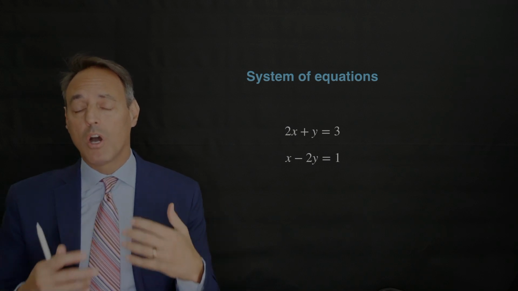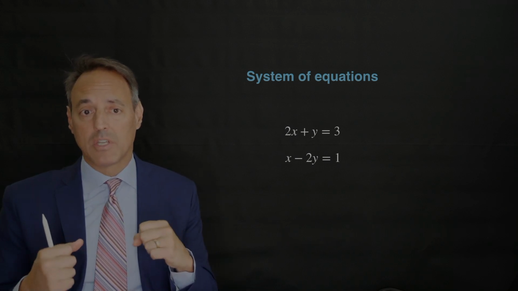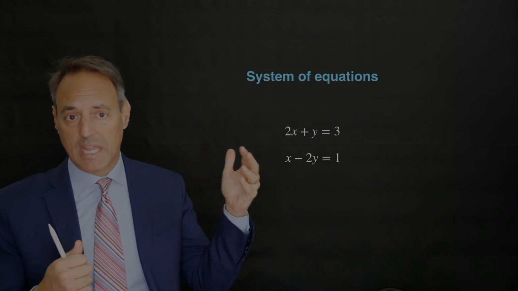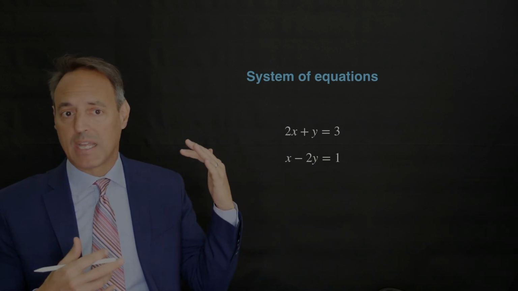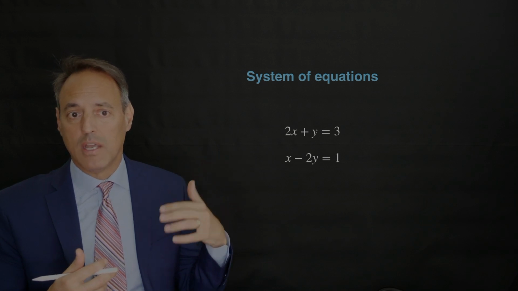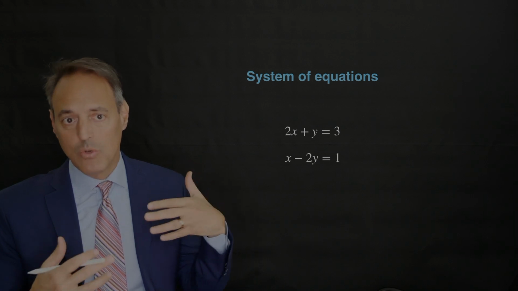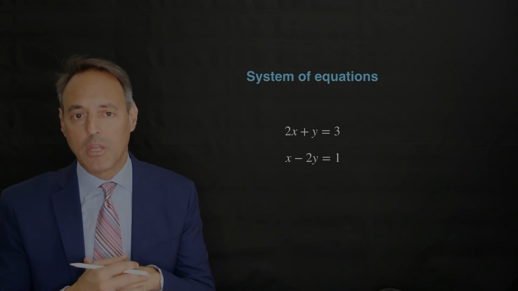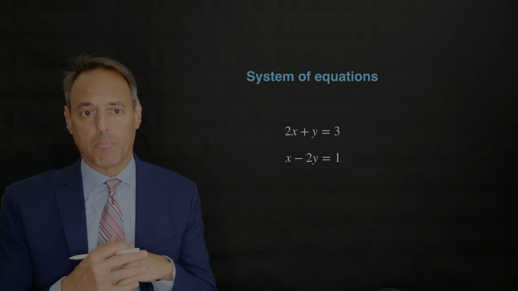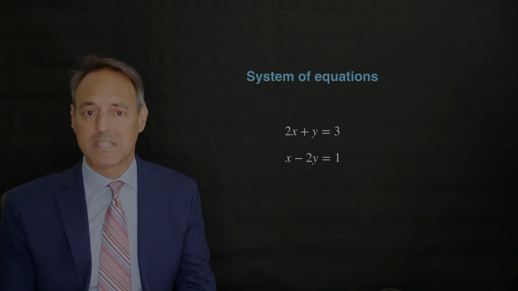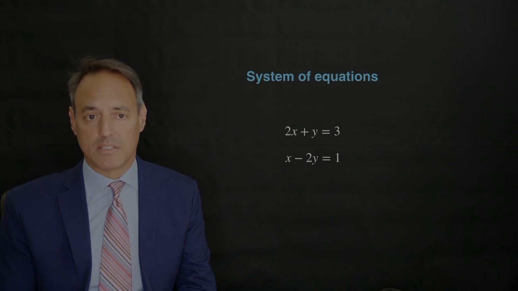Those two concepts, that I can multiply any one of these equations by an arbitrary scalar and it's still an equation, and that I can add and subtract equations and still get a new equation, are everything we're going to need to be able to develop a Gaussian elimination algorithm for ourselves, which can systematically go through and solve systems of equations.